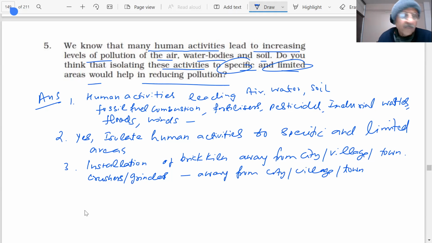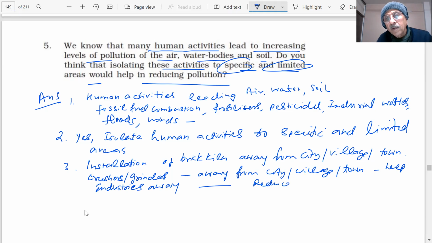This will help. And you take industries away from city, village, and town. What will they do? They will reduce air pollution, right?